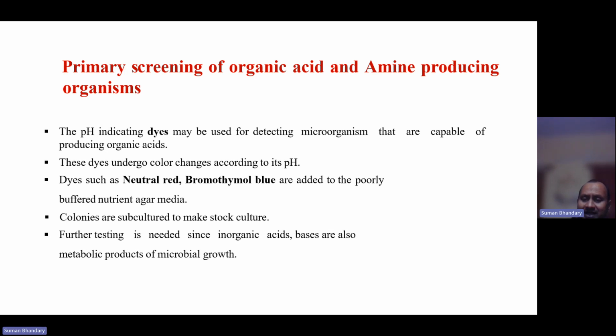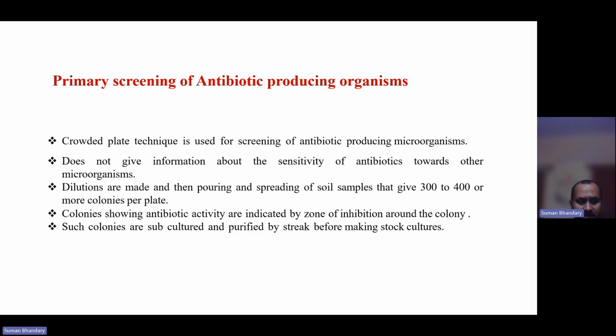So the next one is the primary screening for antibiotic producing microorganism. Before that, we can discuss another technique that is basically used as a primary screening technique of supplementary volatile organic substances.